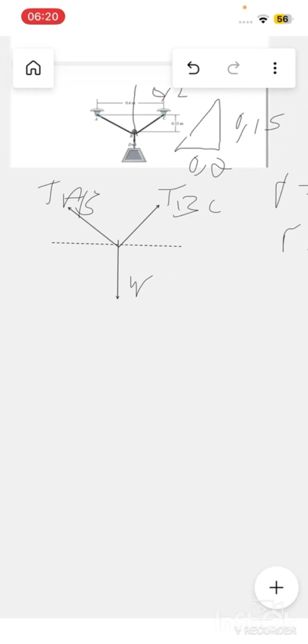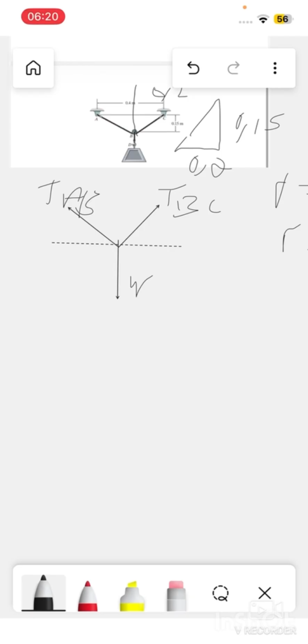We said our R is 0.25. This is our R, the hypotenuse side.